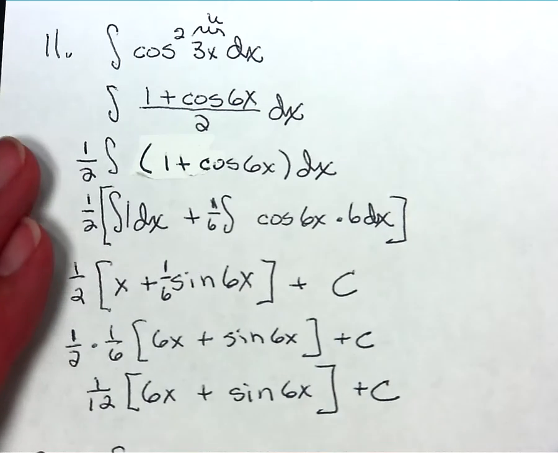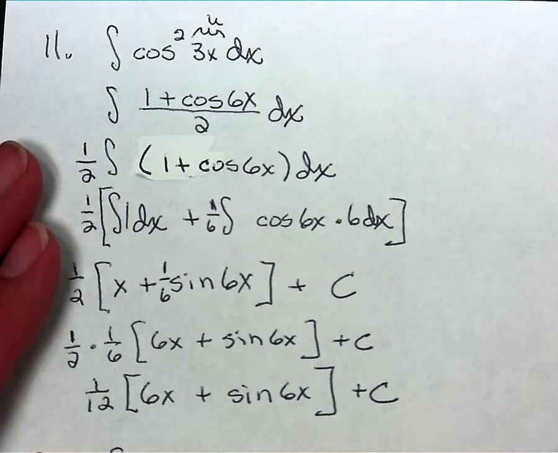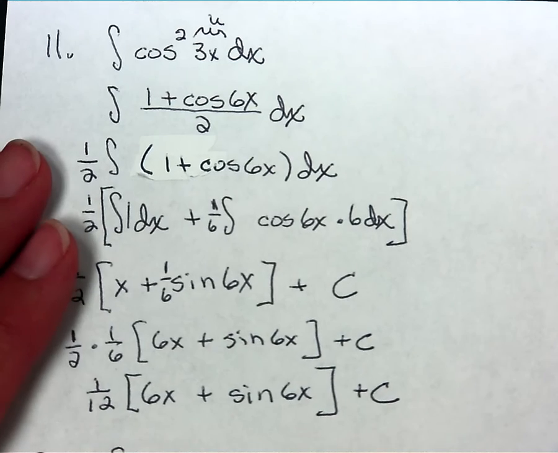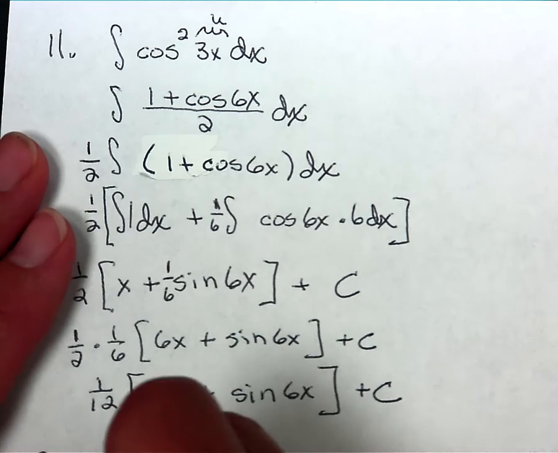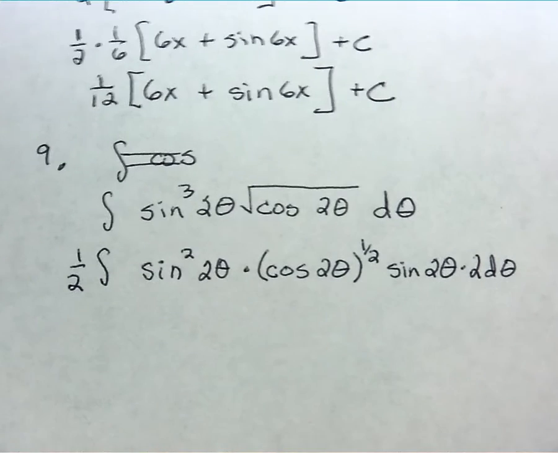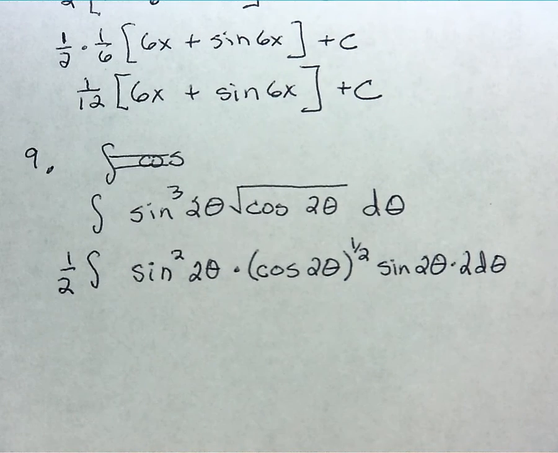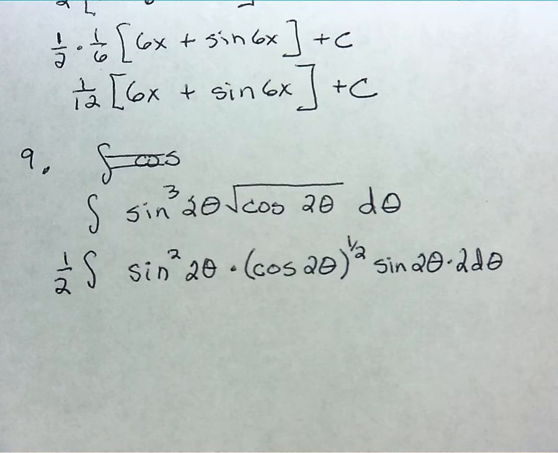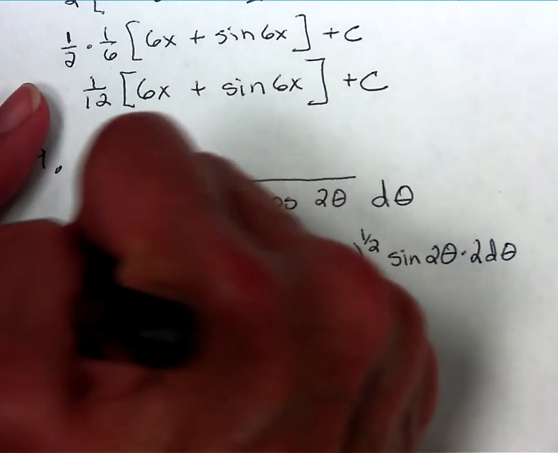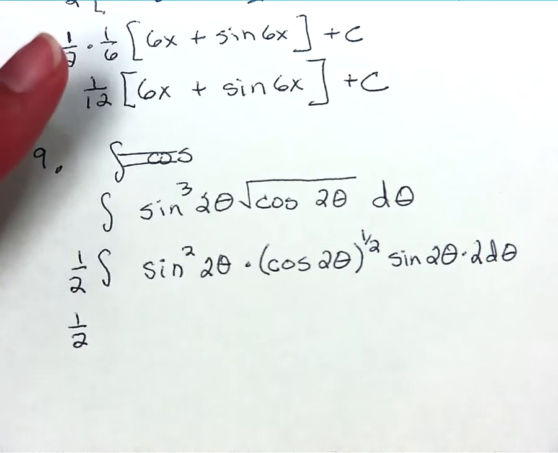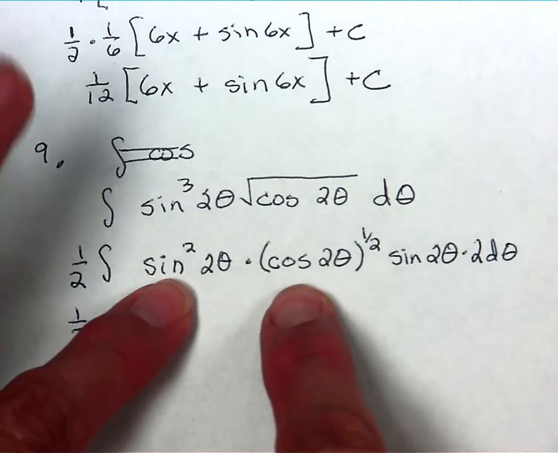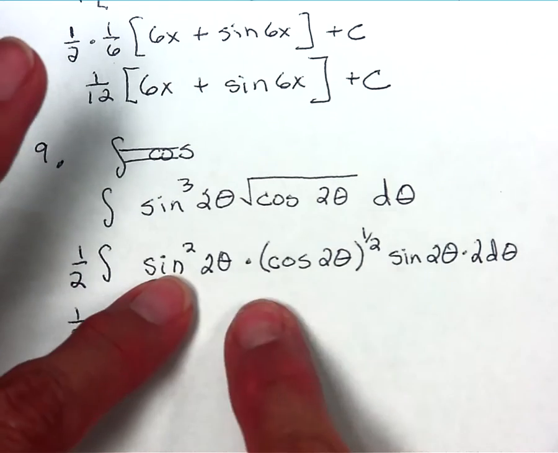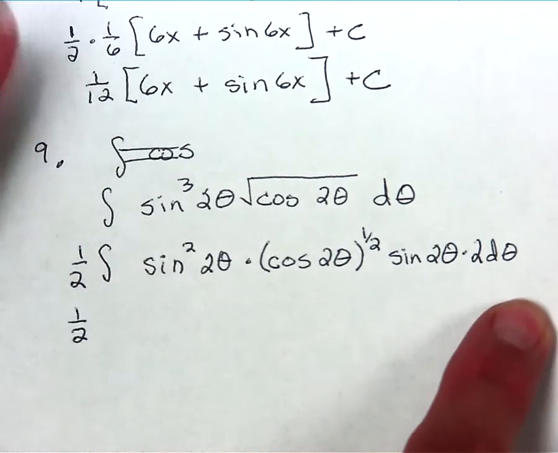Since all of those have arguments of 2 theta, to anti-differentiate any of them, I'm going to have 2 d theta, so I'm going to put the 1/2 out front. And then the purpose of doing that was to change this all to cosines, because the derivative of cosine would be this sitting right beside it.